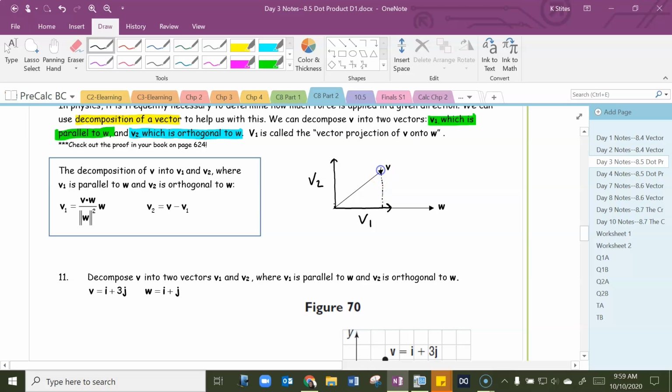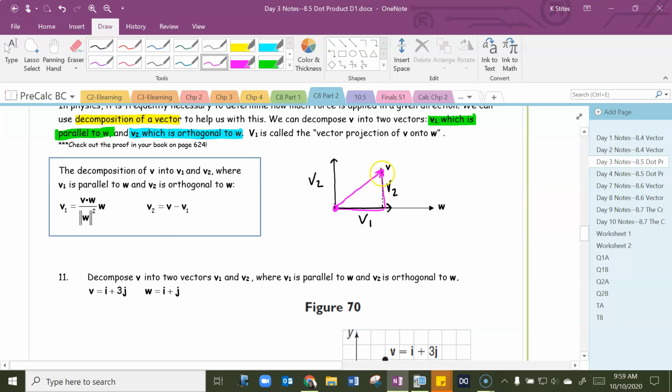It's still orthogonal, but what's nice about that is that it now creates this little triangle, and I can see a relationship between V1 and V2. If we do V1 plus V2, that creates vector V, because we started at the base of V1 and we went up V2, and where we ended, that's the terminal point.